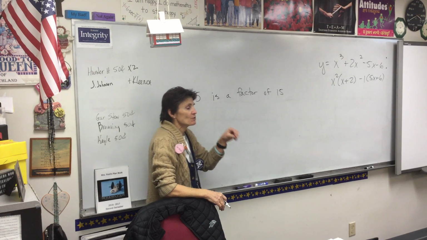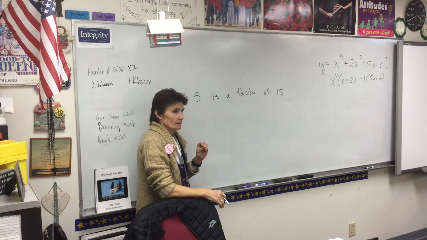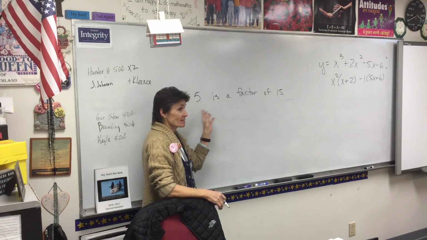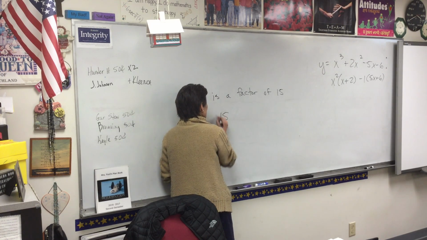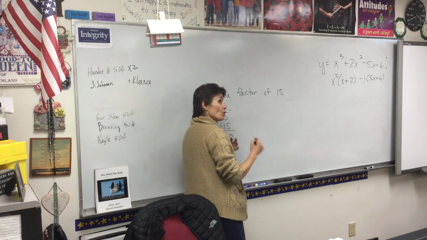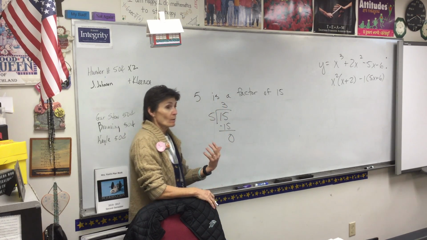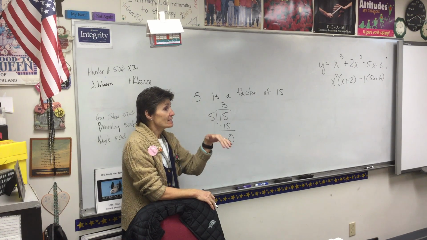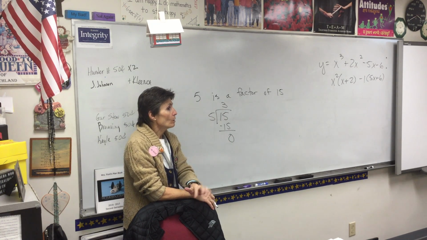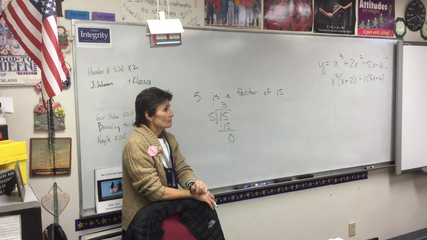What does it mean to be a factor? So 5 times something is 15, or 15 divided by 5 goes in evenly with no remainder? Yes. So if something is a factor, it divides in with no remainder. You'll agree with that statement, right?